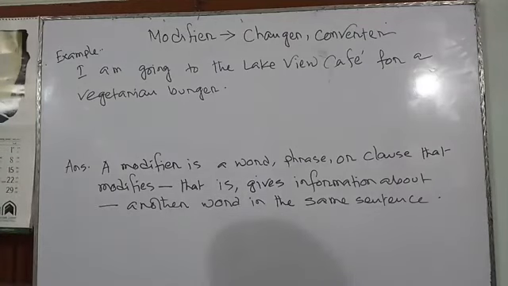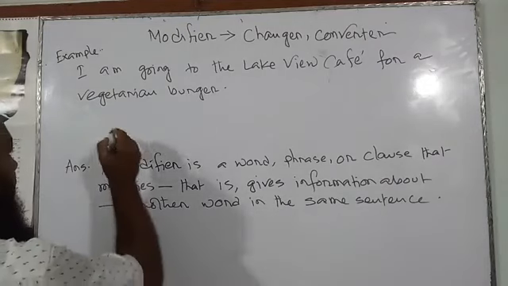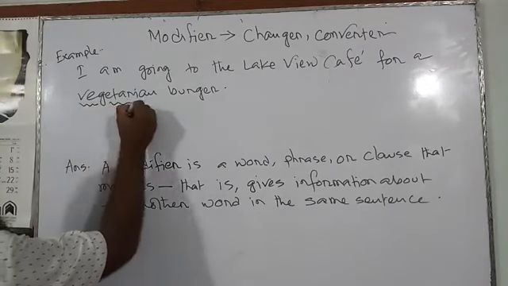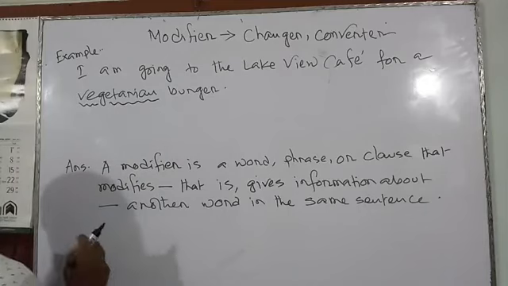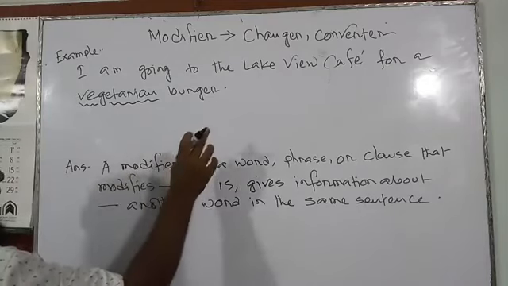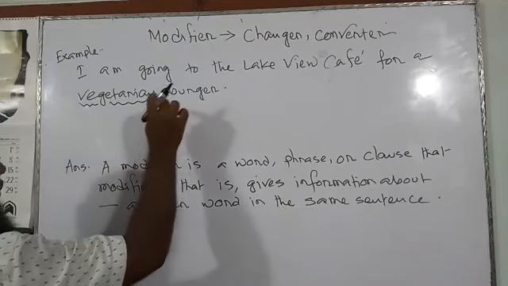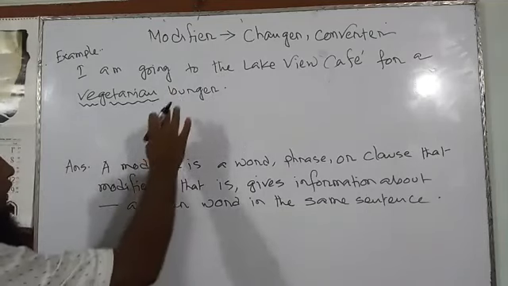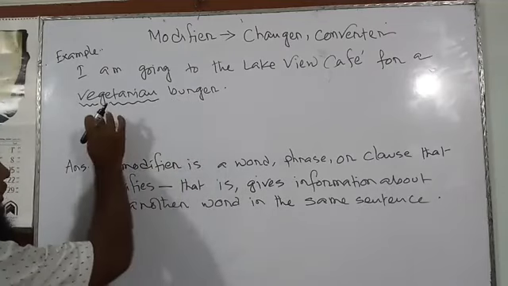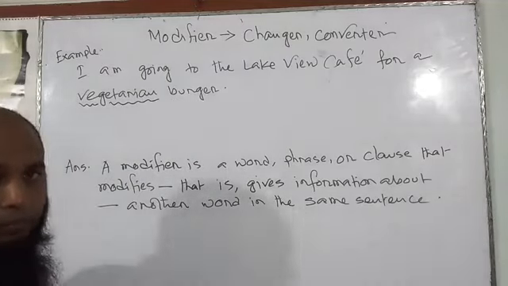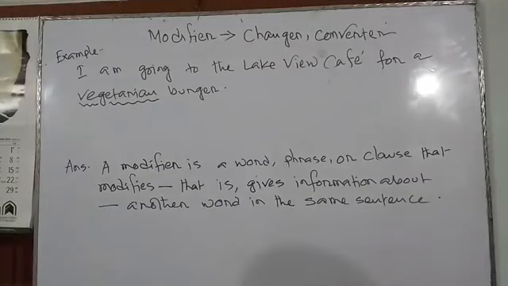Now, my dear, you see, in this sentence, the word vegetarian modifies the word burger. That means the word burger is being modified by the word vegetarian. It is a modifier.